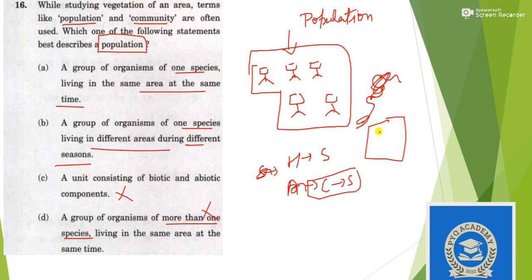In India, the population is 130 crore in a particular time, in 2020. So in the same area at the same time, area and time are important. Different area during different time is not the correct option. The answer will be option A.